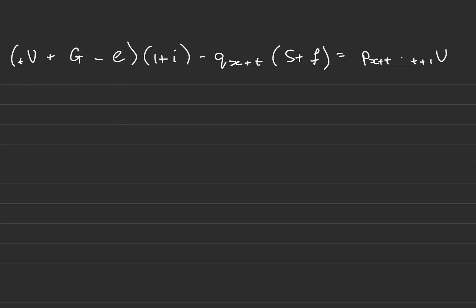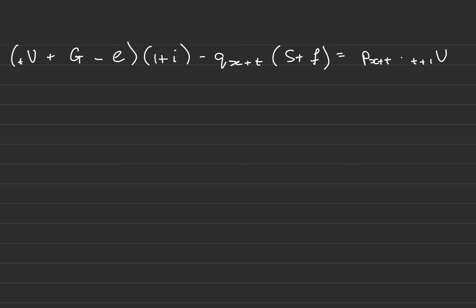Now the cash flow that could happen at t plus 1 is this person dying within the year, and me having to pay out a sum assured and a terminal expense, which is this S plus F. I will pay out S plus F with probability q_{x+t}.